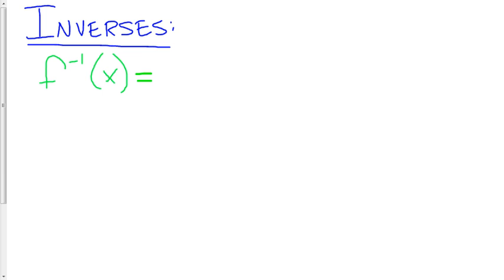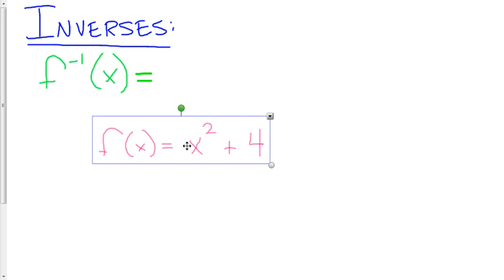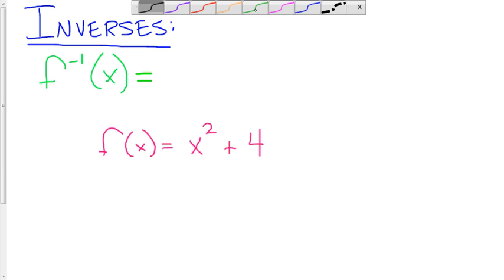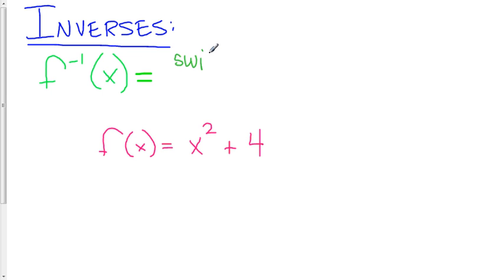When you are trying to find an inverse of a function, and we'll use this f of x equals x squared plus 4, to find that inverse, you switch the x and the y, then solve for y.